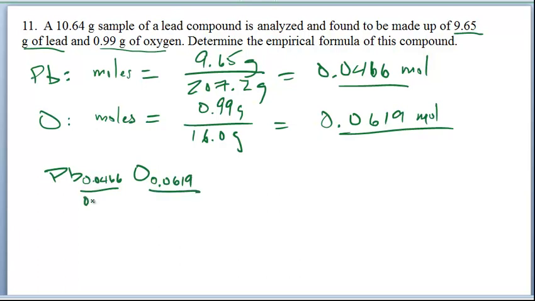We divide both mole values by the smallest, 0.0466. And when we do that, we'll get Pb with a 1 and oxygen with 1.33. Okay, so that looks kind of odd, right?